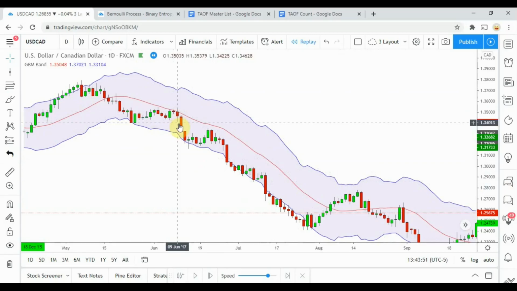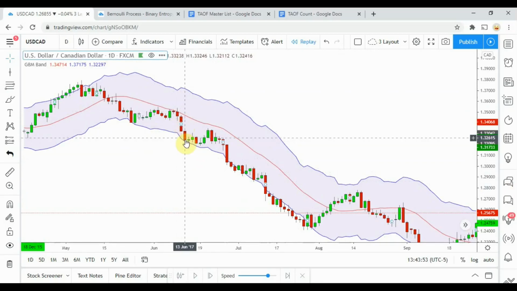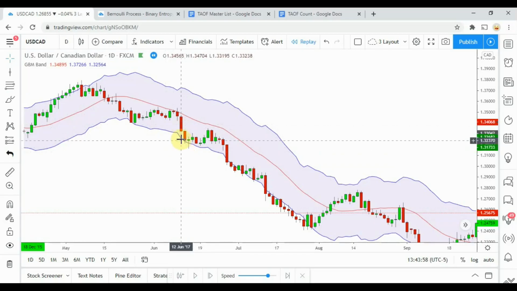We see here, let's look at this area right here on screen. We see these two big red candles. They come down, the wick touches and goes through the band, and the corner of this big red candle is touching the lower band. And this green candle is also spiking down below with its wick through the band.